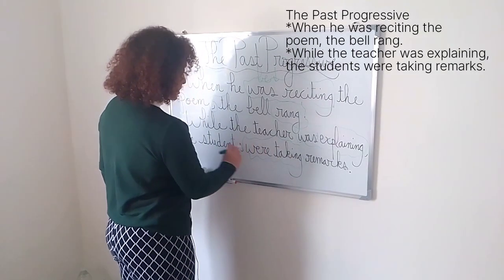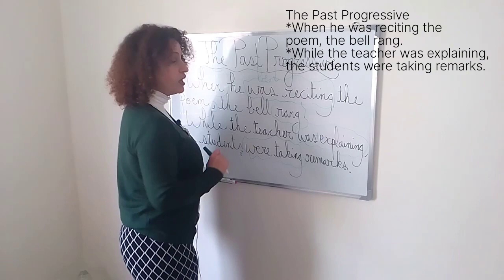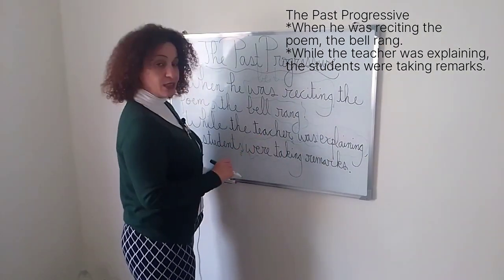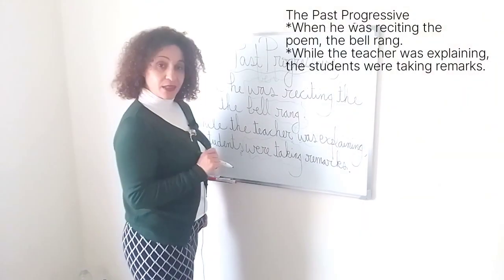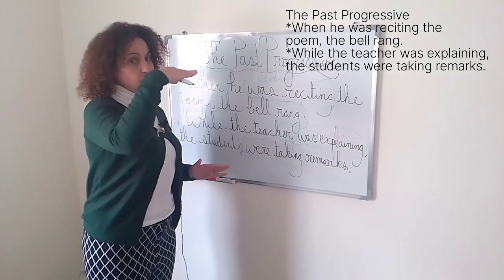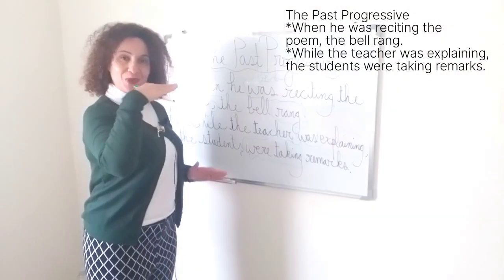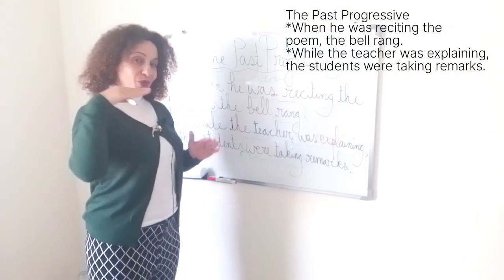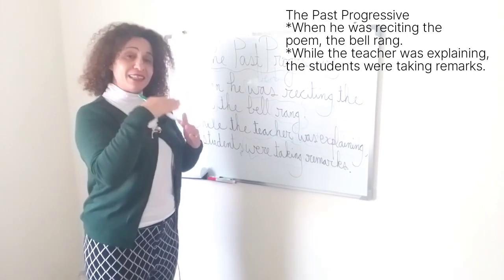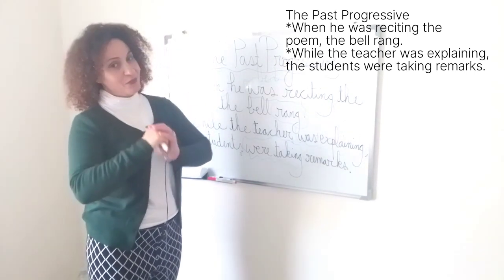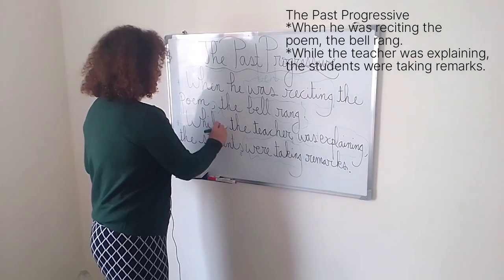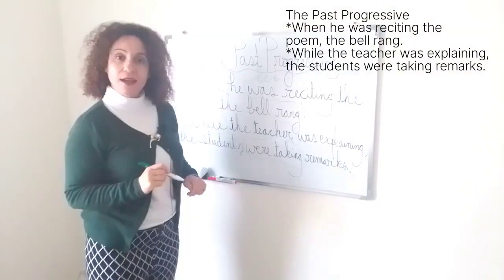My subject here is plural, that's why I used were, while the first subject is singular, teacher, that's why I used was. The 2 actions, whether the teacher was explaining, the students were taking remarks, the 2 actions were continuing in the past at the same time before they finished, and the proof that I have to link with the time expression while.